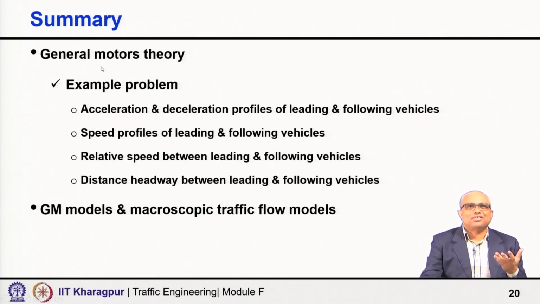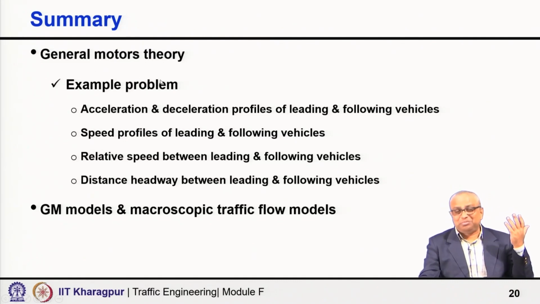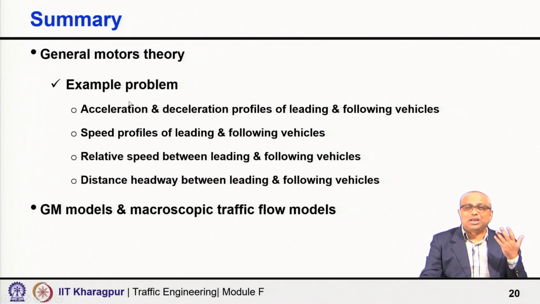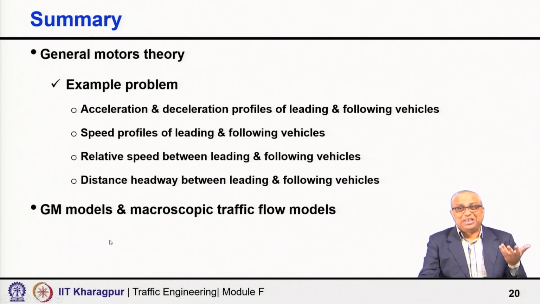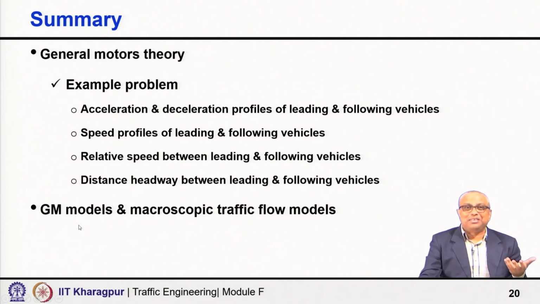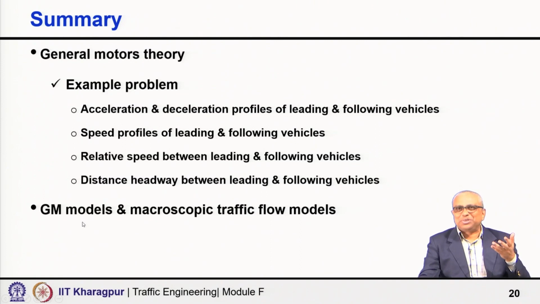So, what we discussed? We discussed the General Motors theory in the previous lecture. We took an example problem to explain that, and then also the other part, the connection between the generalized fifth generation GM model and the macroscopic models, because all other models are specific cases of the generalized model.